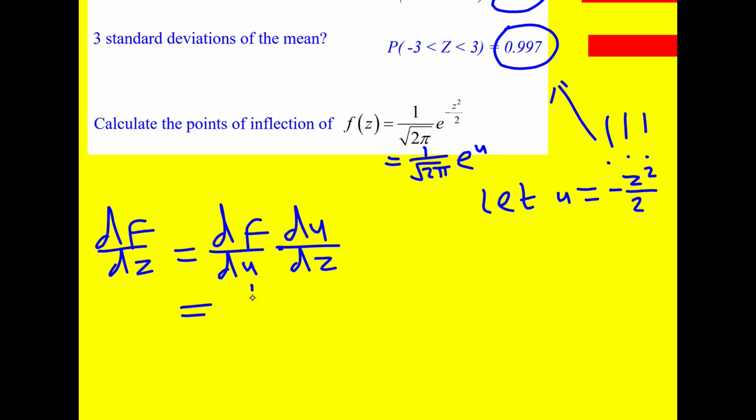df by du is just 1 over root 2 pi e to the u, and then du by dz, I need to differentiate up here. I'm going to get 2z, but then I'm dividing it by 2, so I'll get z again, and then I'm making it minus, so I'm going to get minus z.